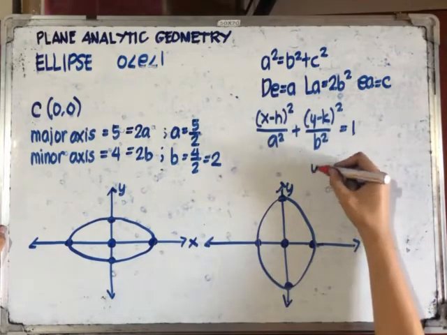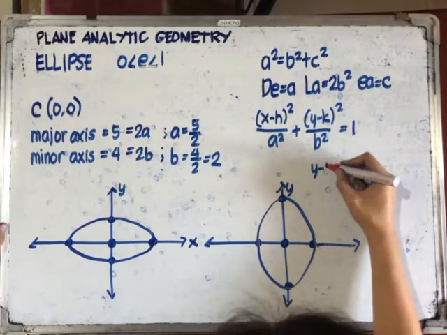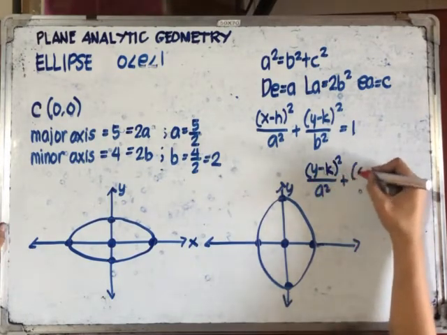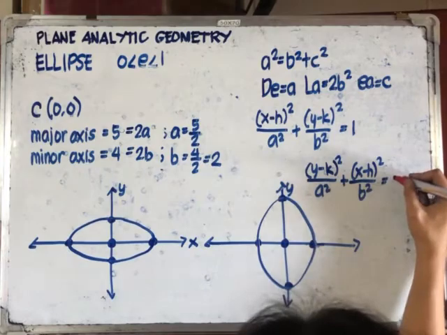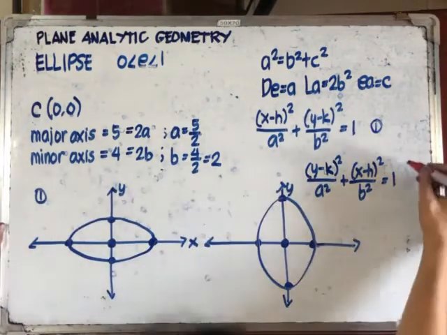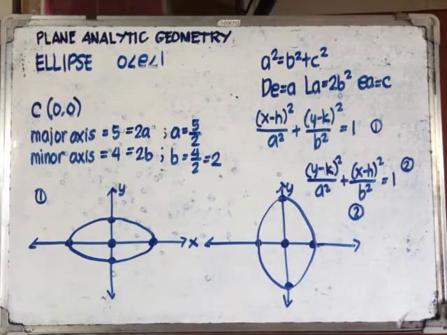Or, the other one, y minus k squared over a squared plus x minus h squared over b squared is equal to 1. So, for this first, ito yon sa unang drawing natin. Yung second naman na to, ito naman yun sa ikalawang drawing natin. So, basically, pareho din naman yung itsura nila. Nagkaiba lang sa kung nasaan yung major and minor axis.